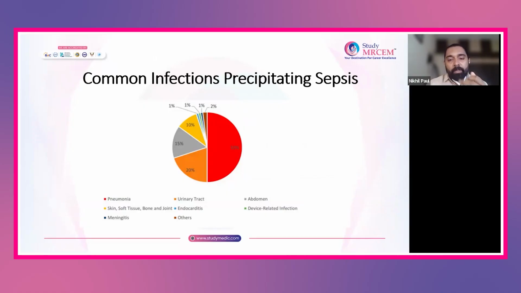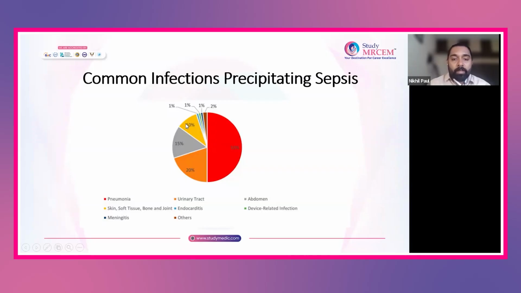As per the studies, almost 50% of the infections are due to pneumonia, maybe community-acquired or hospital-acquired. Then we have around 20% related to the urinary tract, or urosepsis. Again, most of them are hospital-acquired.